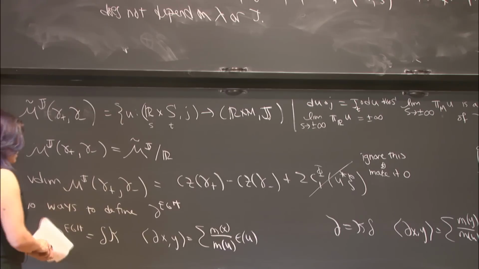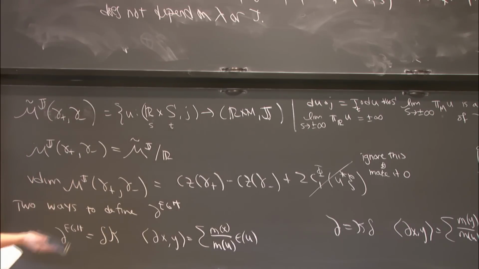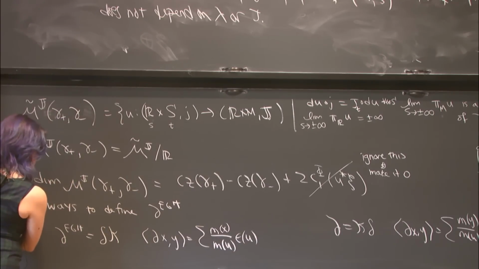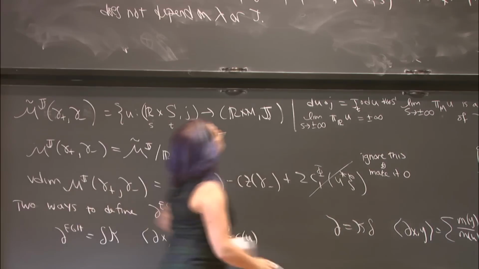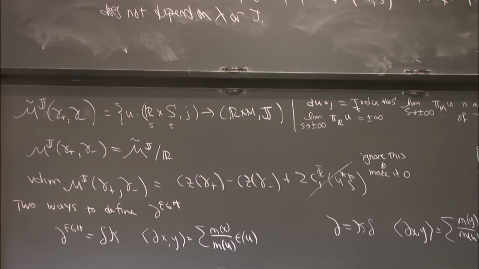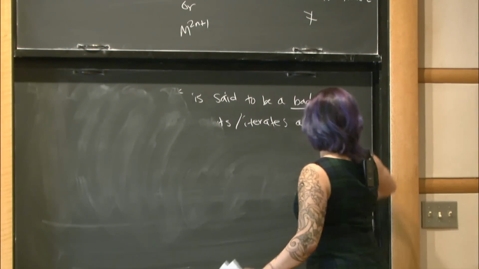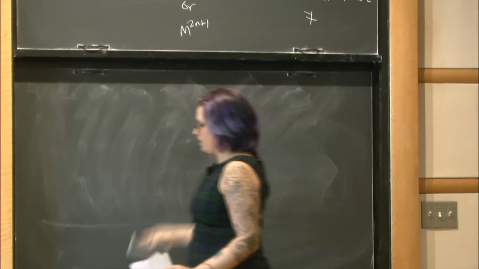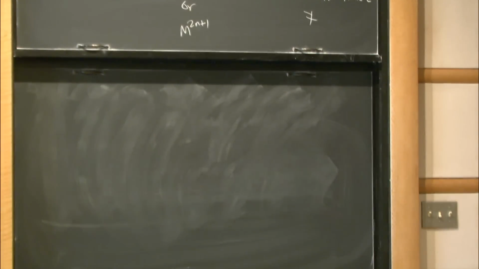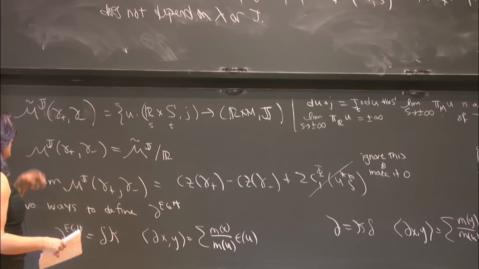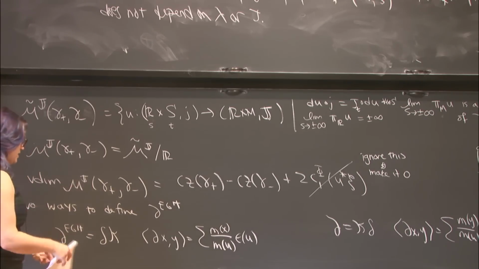And the other reason is going to be a failure of compactness. The next idea you can try is, how about I use evaluation maps to cut down the dimension of this moduli space, meaning I'm going to look at curves that live in this moduli space, and then I'm going to impose a base point constraint.